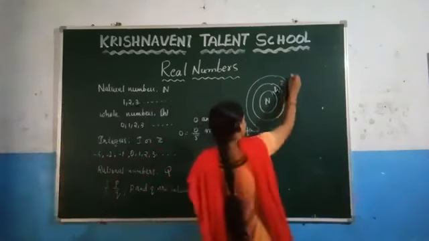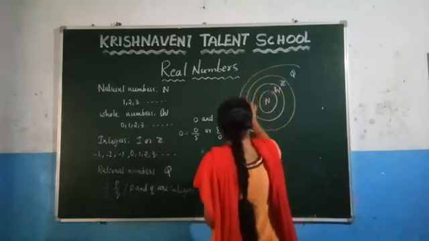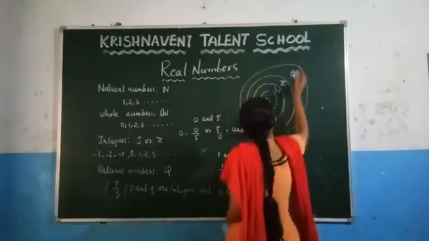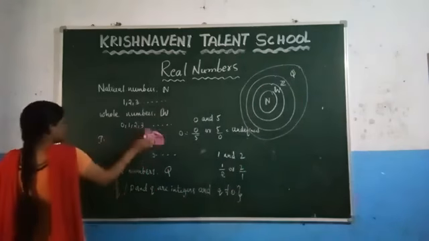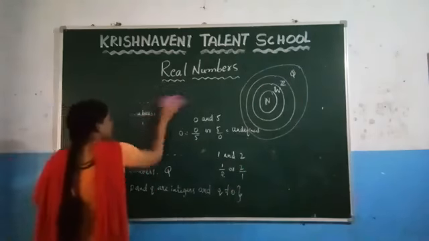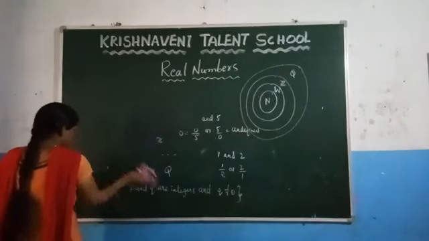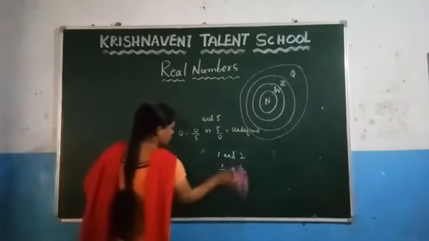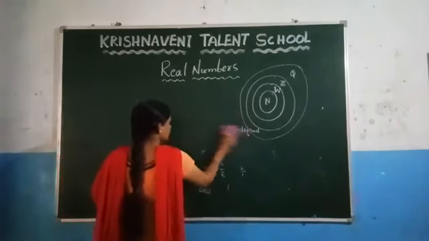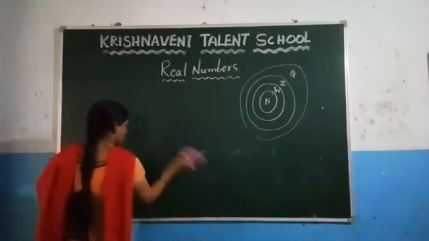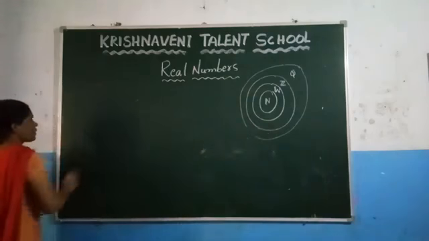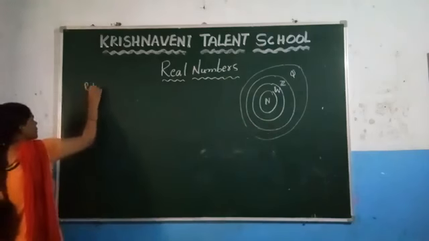So the next number system is rational numbers. Now we are going to define the rational numbers in a different way. So what are rational numbers?